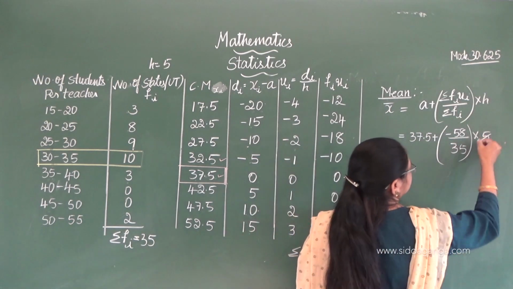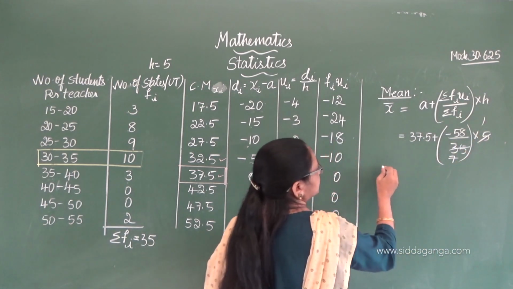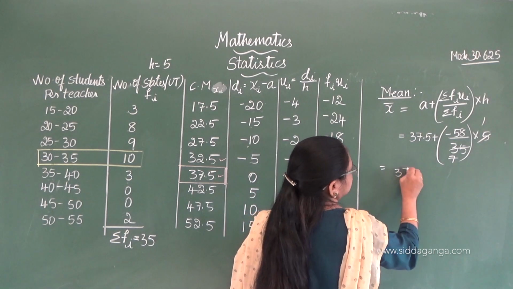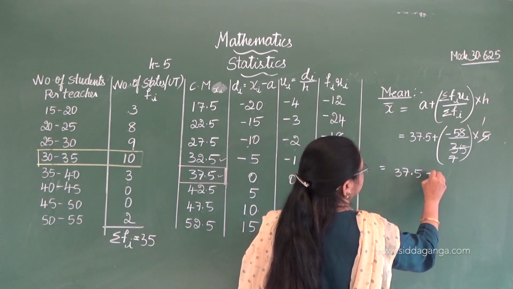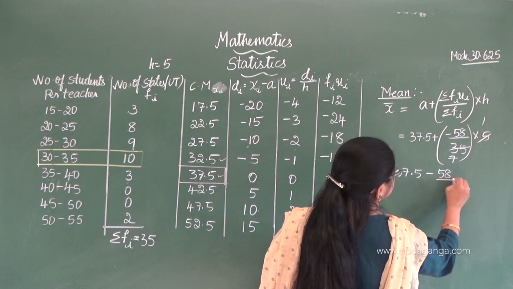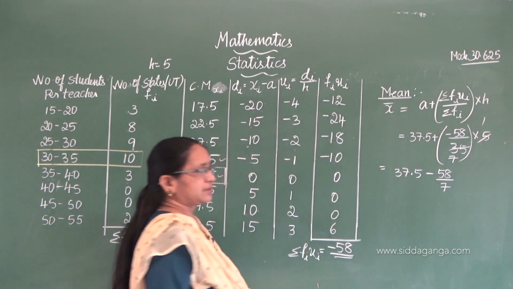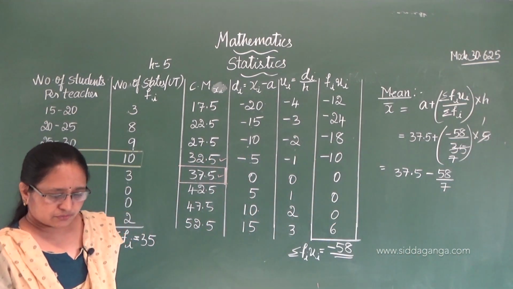So 5 ones are 5, 5 sevens are 35, you can simplify: 37.5 minus 58 by 7. Okay. I hope it is clear.